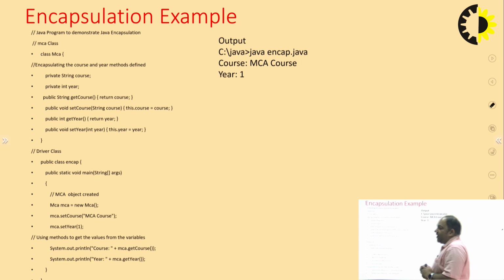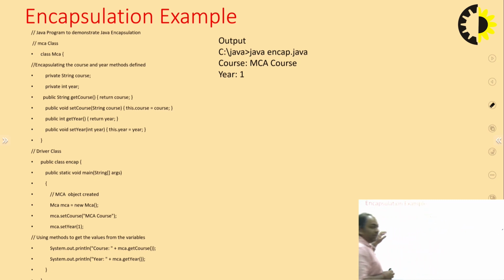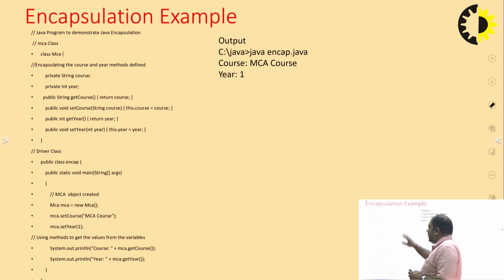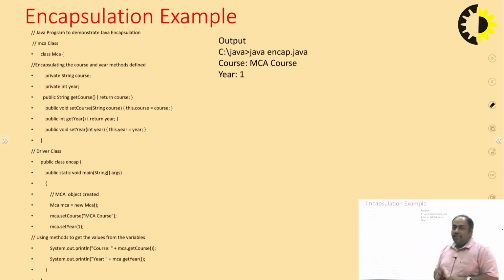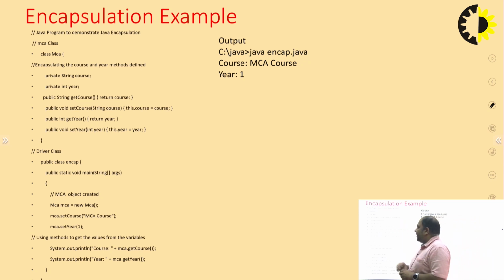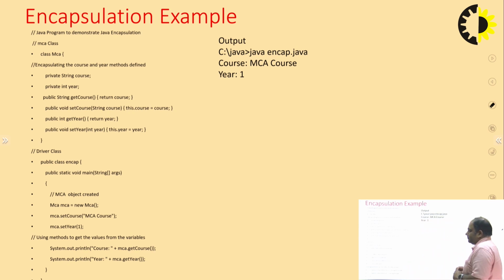First of all, we define a class with the name MCA. Then we encapsulate two variables, one is course and another is year. Course is defined with the data type string and year is defined with the data type int. What we want to show is that the MCA class is studying the OOP subject in the first year.